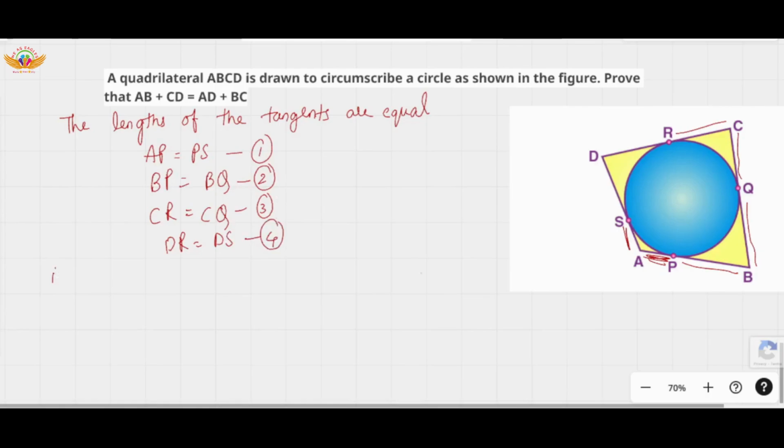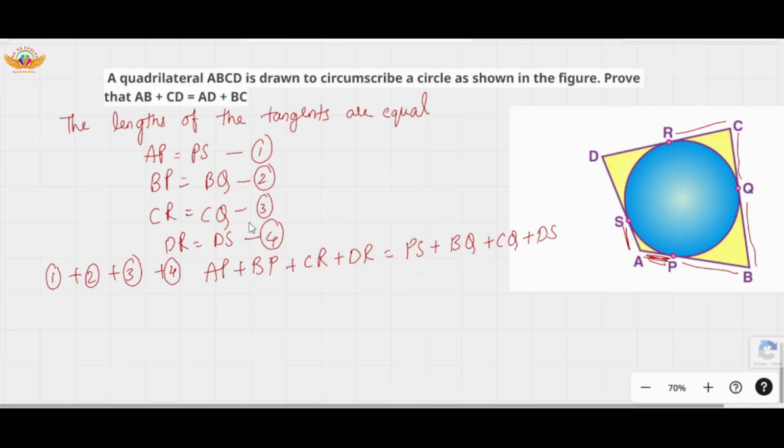When I add all these, 1 plus 2 plus 3 plus 4, what am I going to get is AP plus BP plus CR plus DR is equal to PS plus BQ plus CQ plus DS.